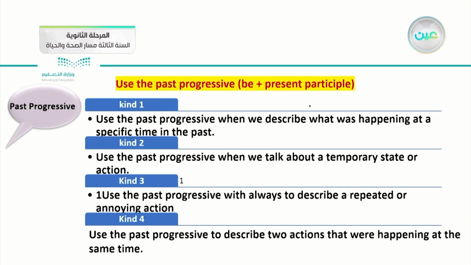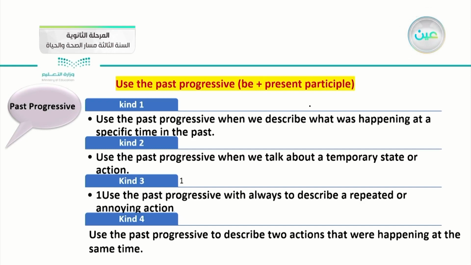Number 2, we use the past progressive when we talk about a temporary situation, state, or action. So if you have a temporary state or an action, you can use the past progressive with that sentence. Kind 3, use the past progressive with always to describe a repeated or annoying action. So if you have a repeated action in the past, you should apply the past progressive.